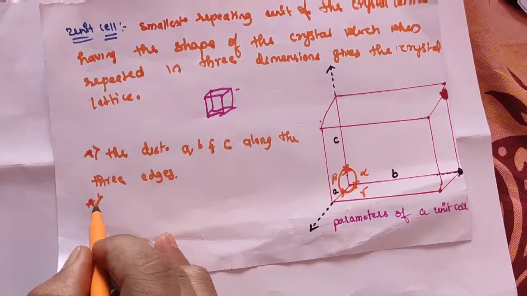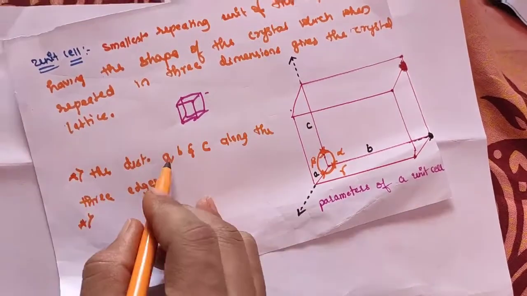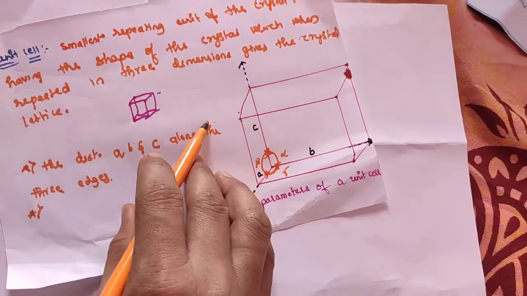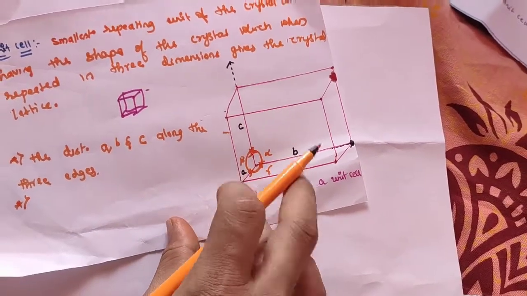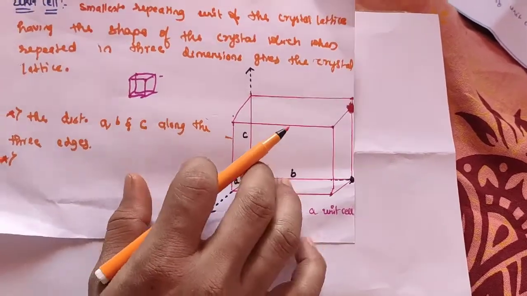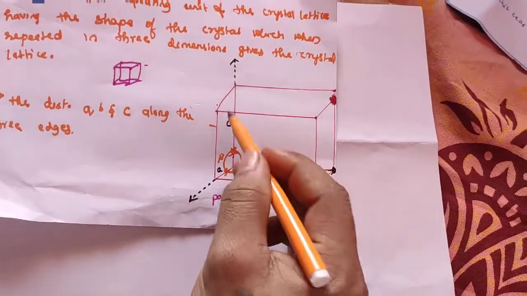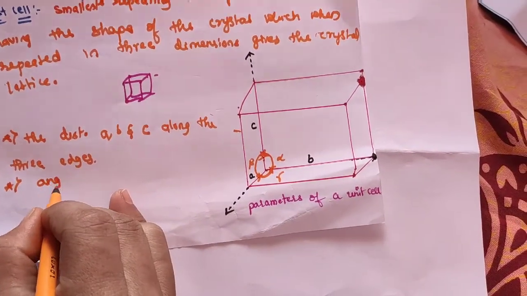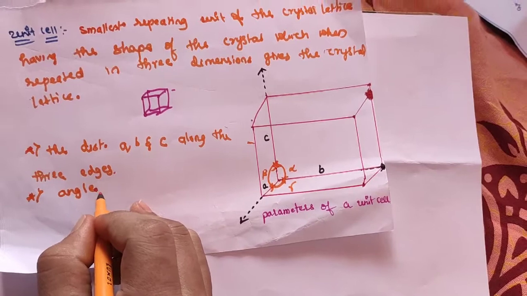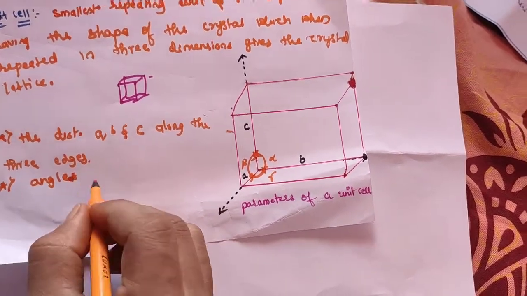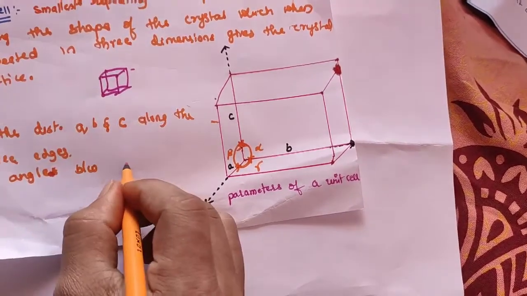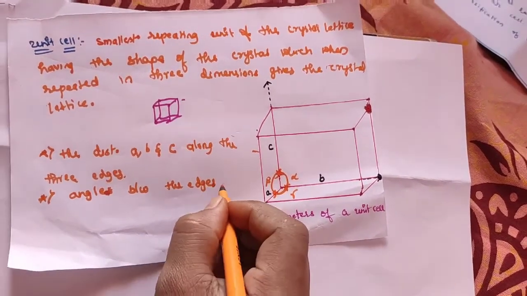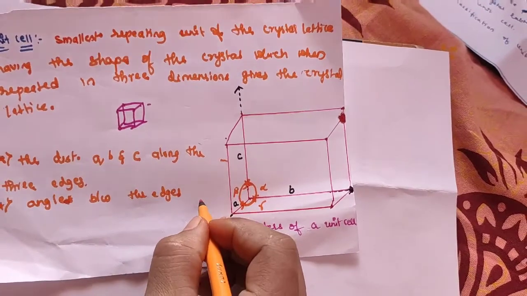Then the second point is the angles. It will notify the angles between the edges, that is, between the A edge, B edge and C edge.